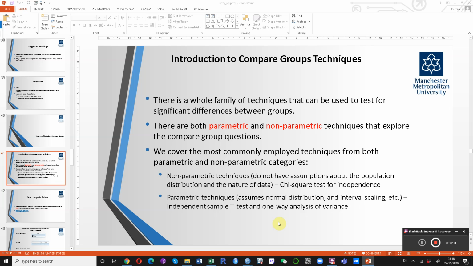So parametric techniques include a long list of technique approaches such as t-test and one-way ANOVA.